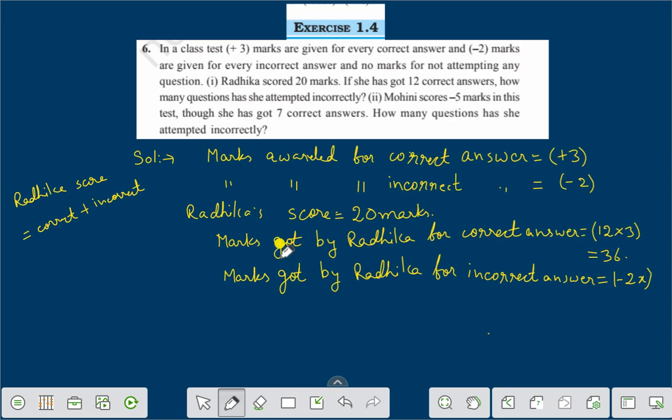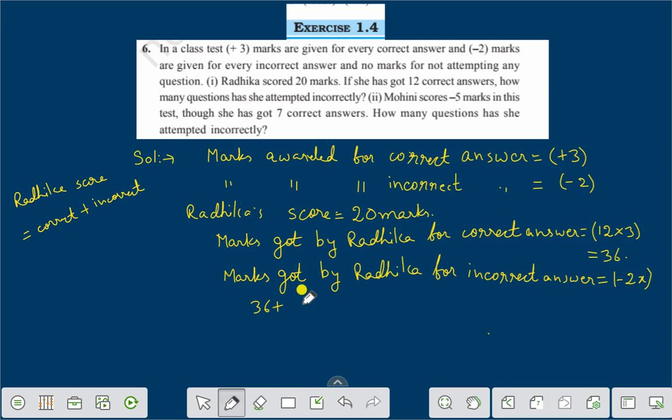Therefore, marks for correct answer is 12 into 3, that is 36, plus, suppose x is the number of questions she attempted incorrectly, her marks will be minus 2x.